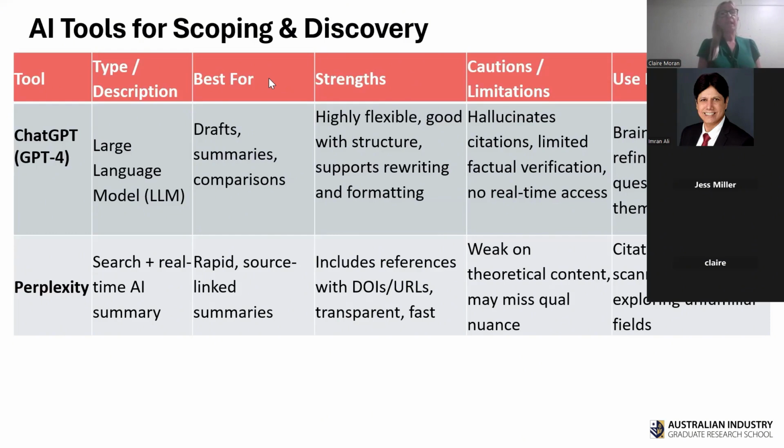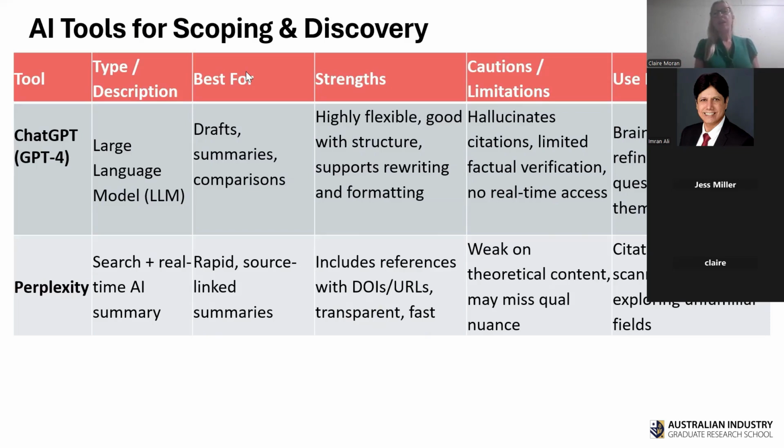Another really useful tool here is Perplexity. So we can do our search plus real-time AI summary. It's great for source-linked summaries. It includes references. It's always got that speed, which is fantastic.